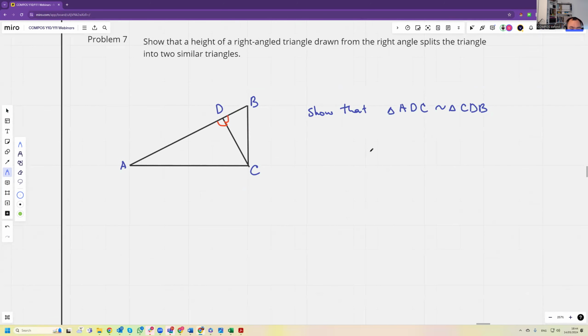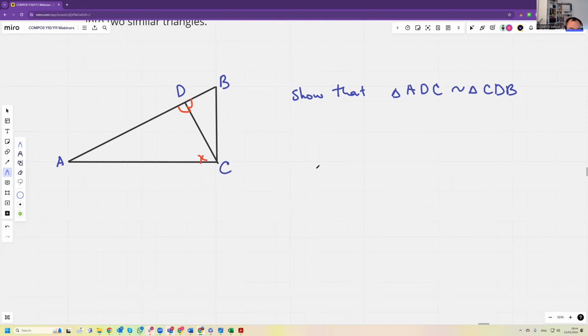Okay. Well, let's say that this angle is X. So this is 90 minus X. And if this is 90 minus X, that is also 90 minus X. And that means angle DAC is equal to angle DCB.